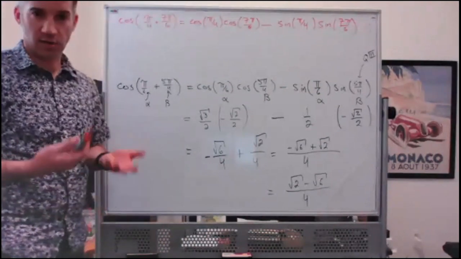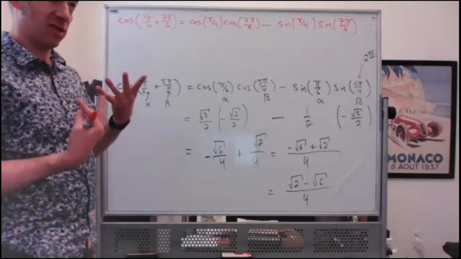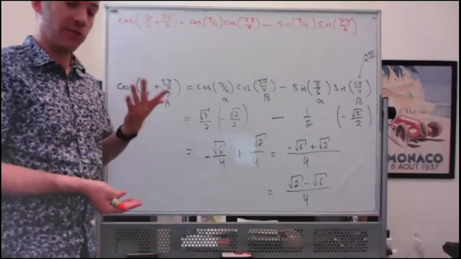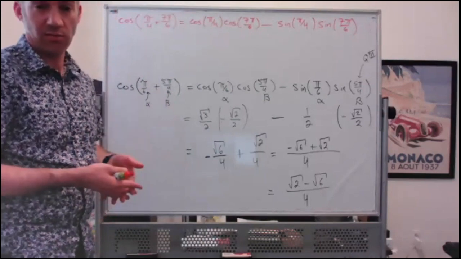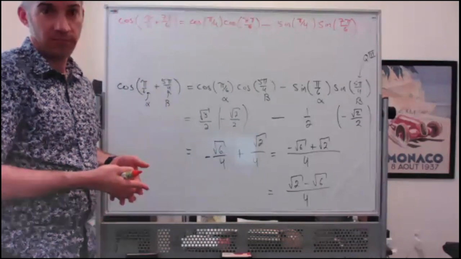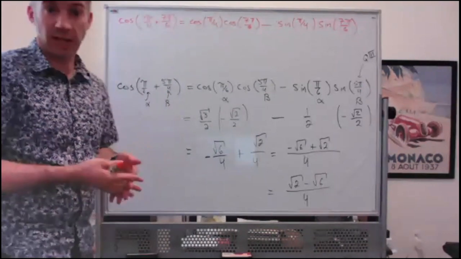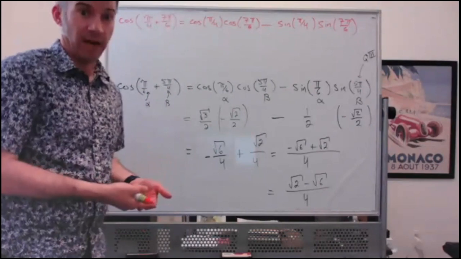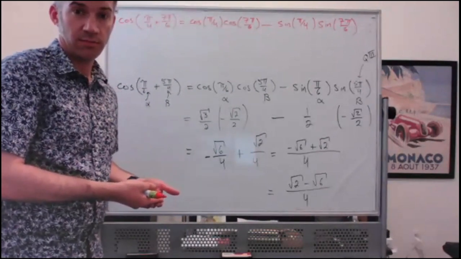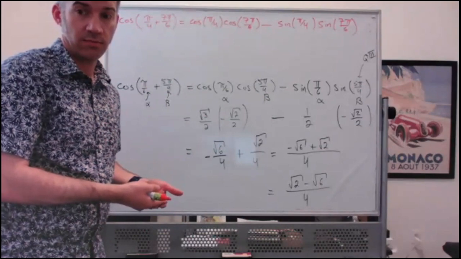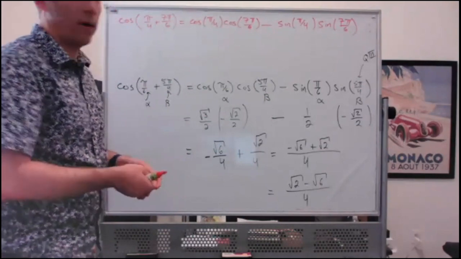Typically for angles that are small, like pi over 6, pi over 3, and pi over 4, I don't usually think about the quadrant because I know it's in quadrant 1, and everything is positive in quadrant 1. But what about cosine of 7 pi over 6? That's going to be negative because 7 pi over 6 is in quadrant 3. So you have to look at each of them individually, and not at the original angle, like cosine of 17 pi over 12 being in quadrant 3. We don't look at it like that.